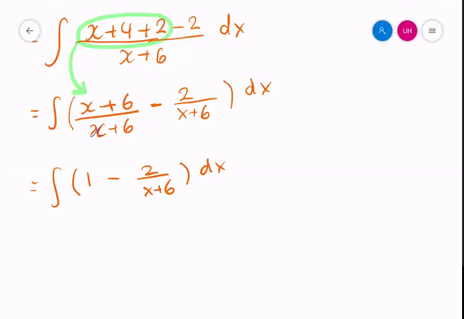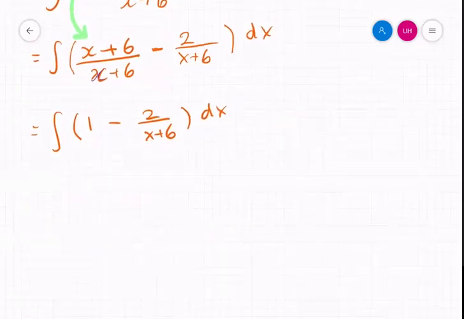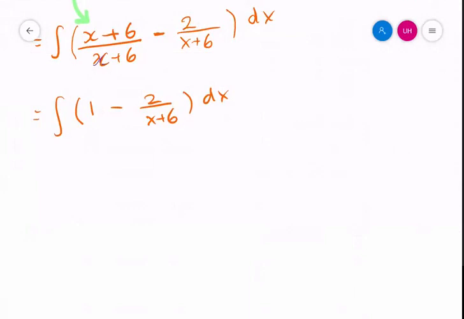Okay, so where are we? So the integration of 1 minus 2 over x plus 6 dx. Then the integral of 1 dx is x. Now, minus, who wants to answer this for me?